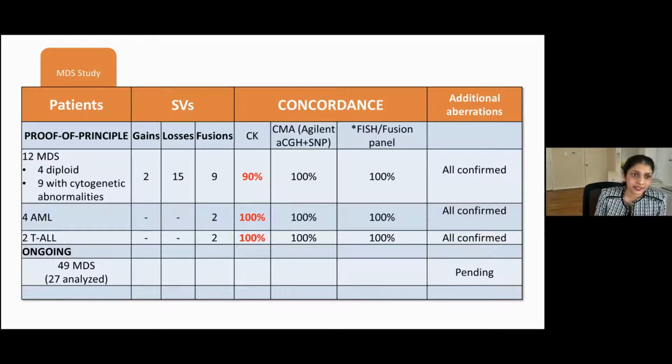One of these criteria included that the segmental alteration involved one or more of the myeloid genes that were implicated in any of the myeloid neoplasms. And of this cohort, all of the additional aberrations of potential clinical importance were confirmed using alternate technologies, confirming the value of OGM.